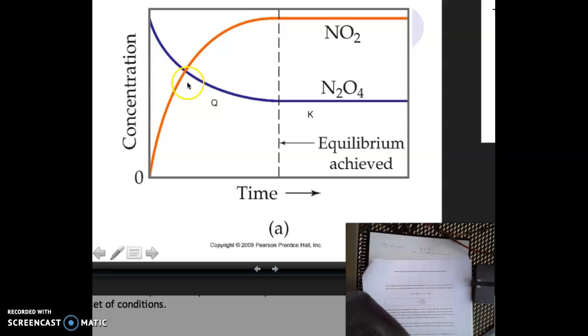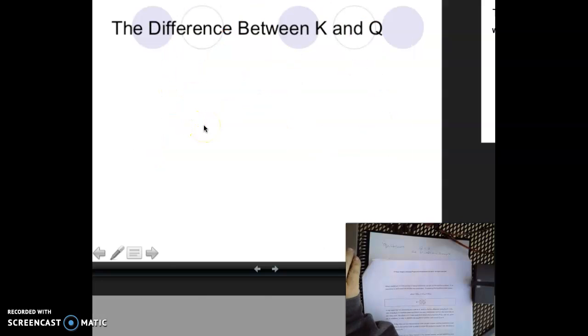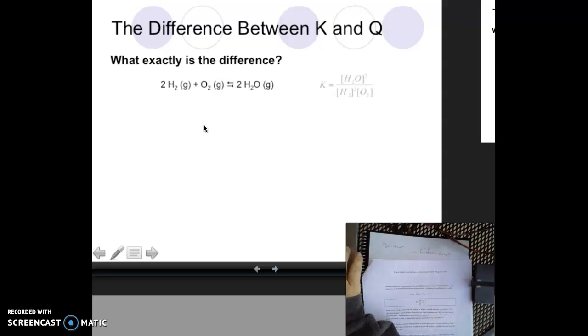For every set of conditions up to that time, we could solve for a Q, but unless we know that it's at equilibrium, we can't get the equilibrium constant. Where the concentrations level off is where the reaction has achieved equilibrium, and that's where we can find K. Before that point, we would find Q.